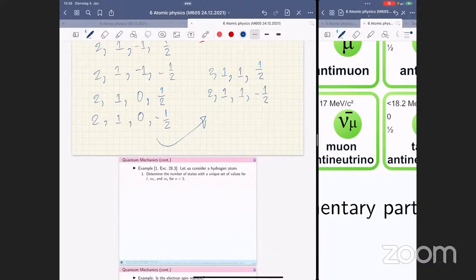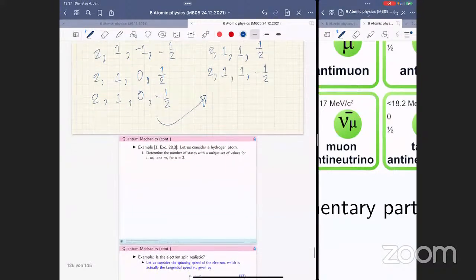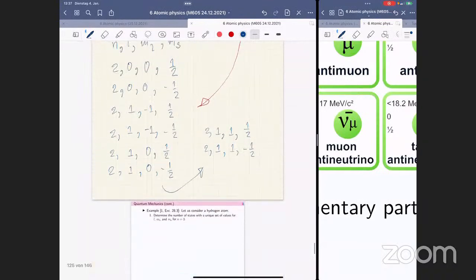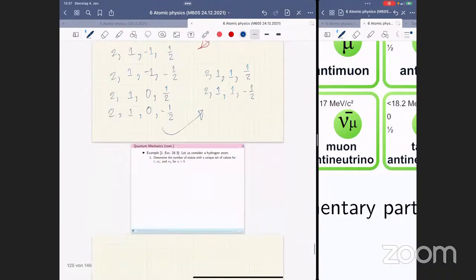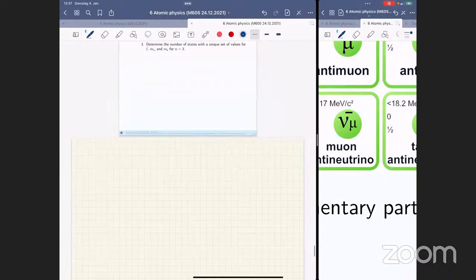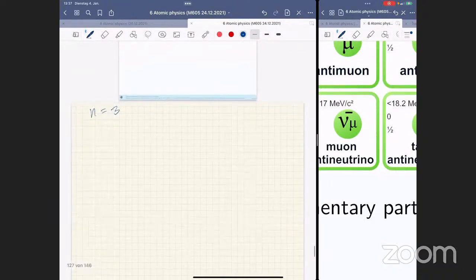Okay, right here you could have the quantum state like this. And for n equal to 3, let's go ahead with that. When n equal to 3, there will be 3 cases for L, right?